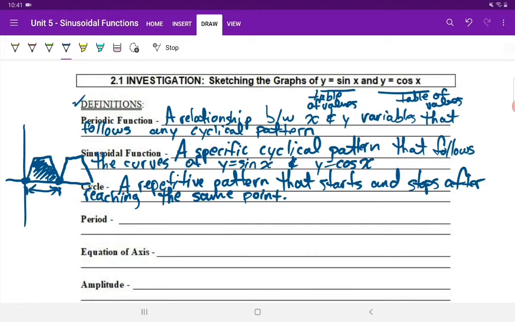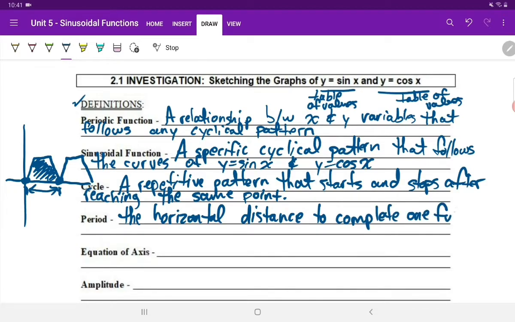The period gets a little more specific. It is the horizontal distance. So if you hear me ask you what the period is of a sinusoidal function or any sort of periodic function, it is the horizontal distance to complete one full cycle.